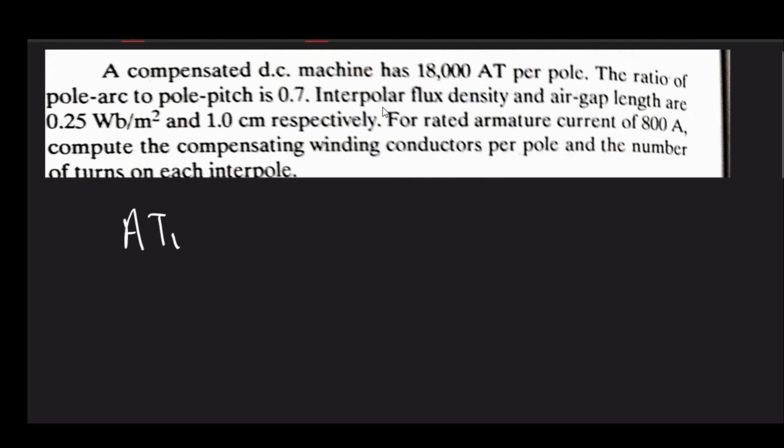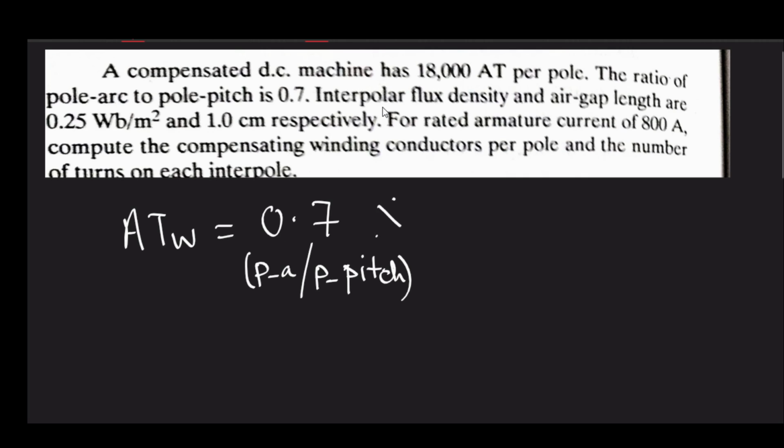Same like previous problem, ATW is equal to 0.7 into 18,000, so that is 12,600 ampere turn per pole.